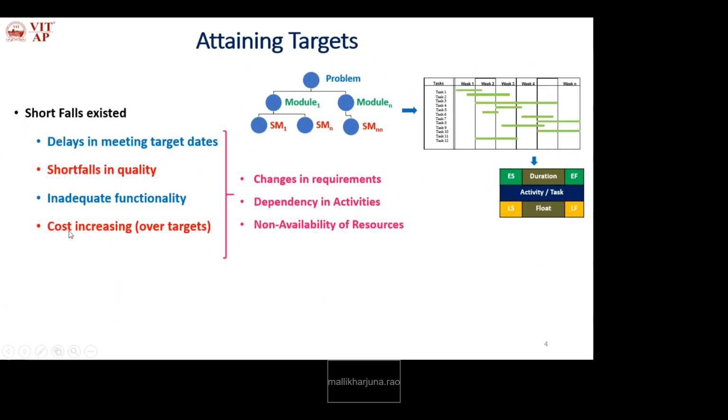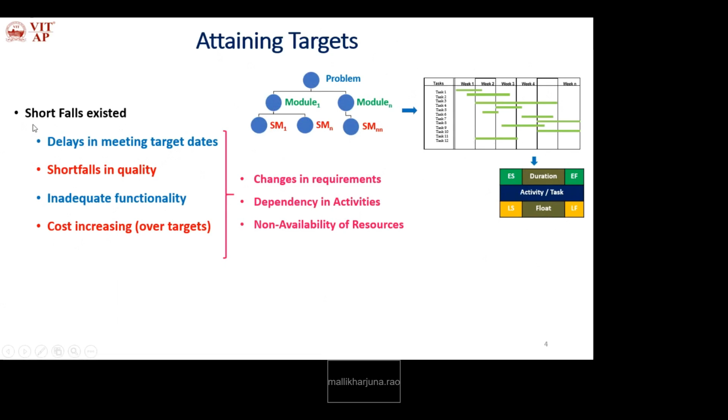So cost in terms of financial, in terms of human resources, in terms of the various hardware and software resources, and the various environmental factors. So all these we have to estimate, and incorporating those changes in the schedule, revise the plan, and according to the modified plan, we have to work and finish the tasks.